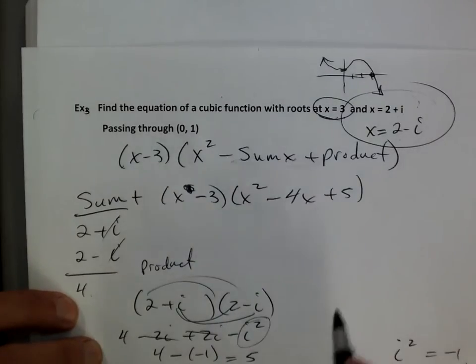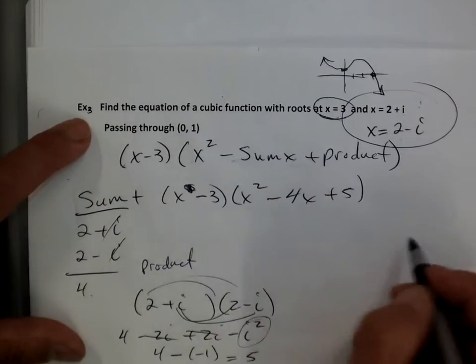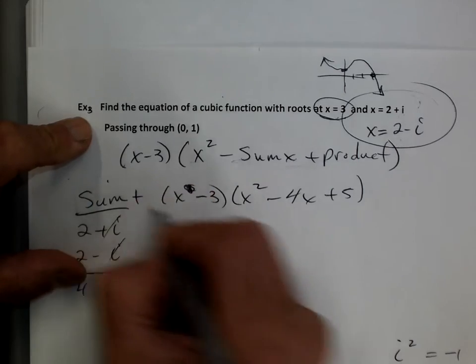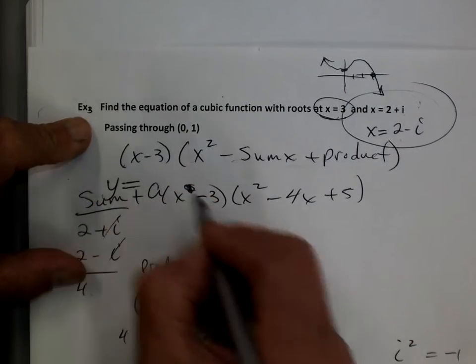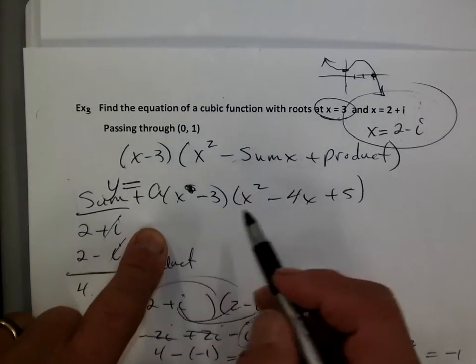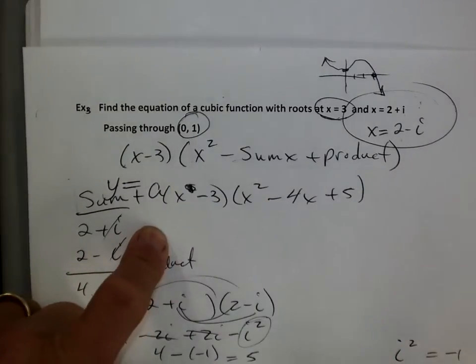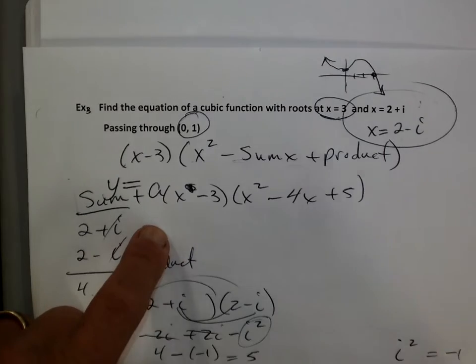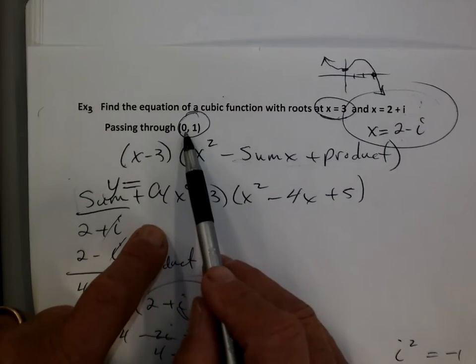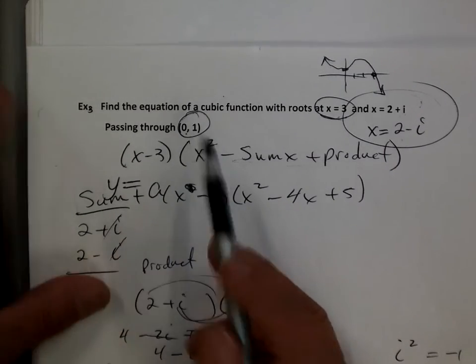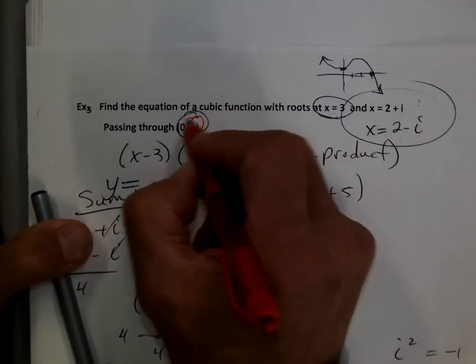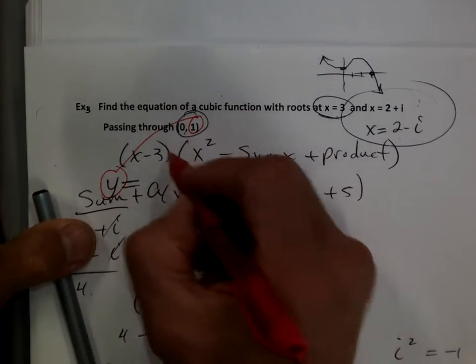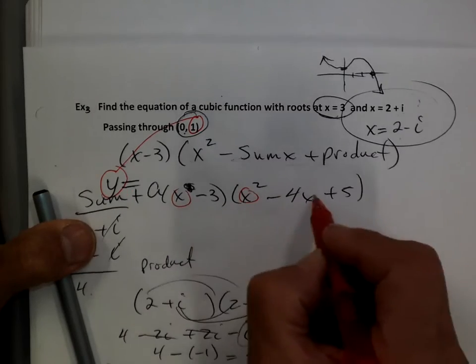Okay, now, here's what I have so far. I have y equals, but I've got to have some a value. It has to go through the point 0, 1. So I'll do the same thing I just did. I'm going to take my 0 and plug it in for my x's and put my 1 in for y. So let's see what I get.